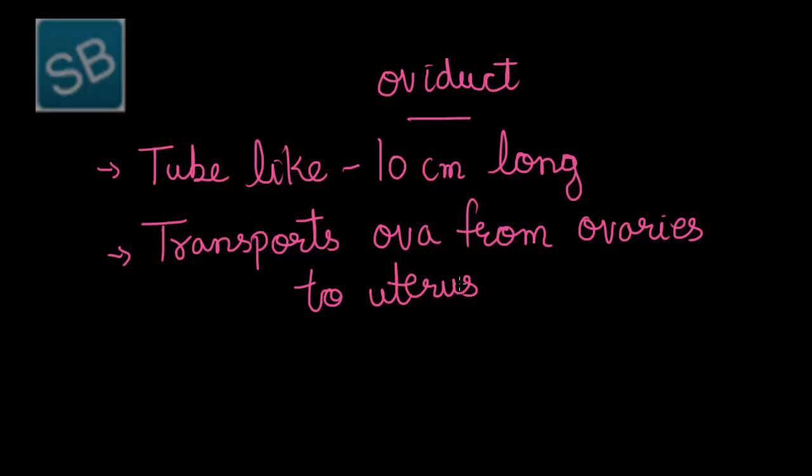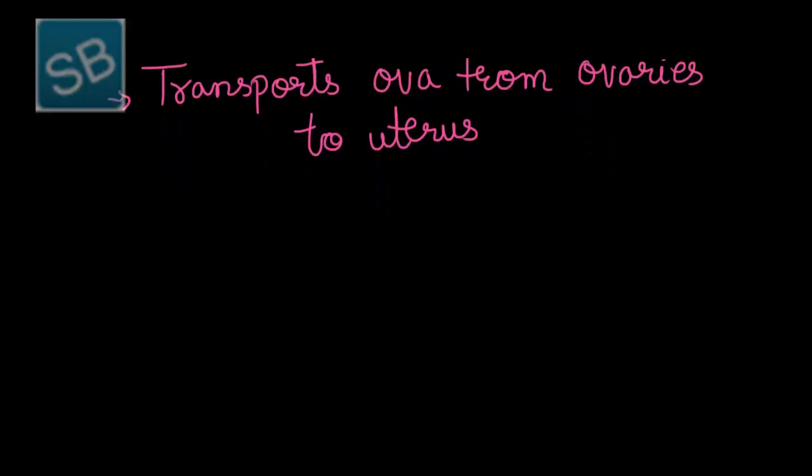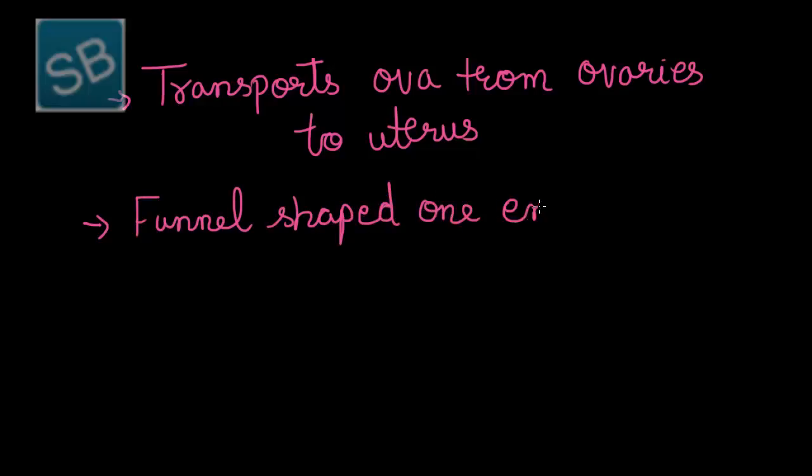Thus, during the fertilization process, this transportation of the ovum from the ovaries takes place with the help of the fallopian tube. This fallopian tube consists of a funnel-shaped open end, which is known as the infundibulum or oviductal funnel.